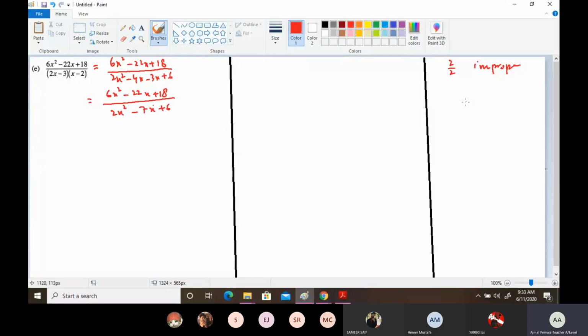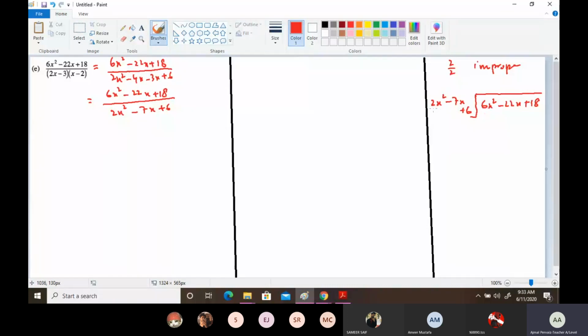Now I will be doing the long division process over here, which we did in our early classes. 6x square minus 22x plus 18 written in, and the denominator will be written over here. Anybody remember this process? I want to cancel this 6.